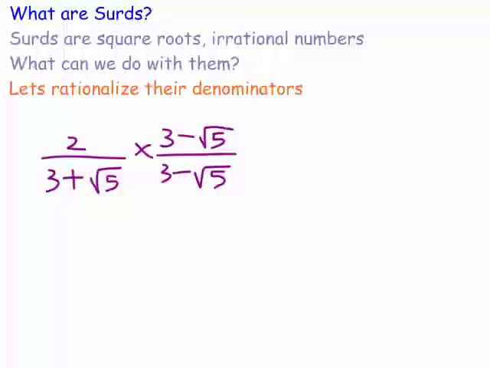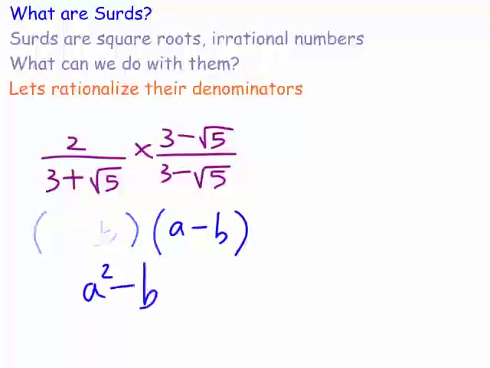It's a bit of a manipulation so that the denominator becomes rational. If you have a look here, we really have a plus b times a minus b. This is the difference of two squares, which is a squared minus b squared.